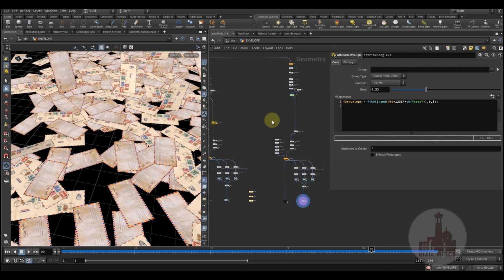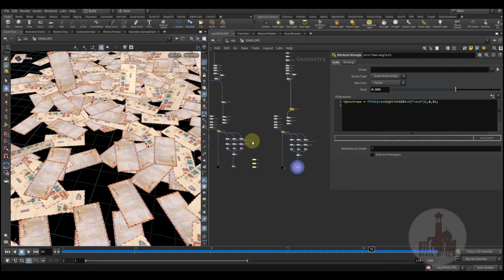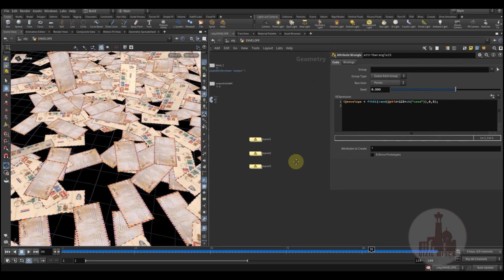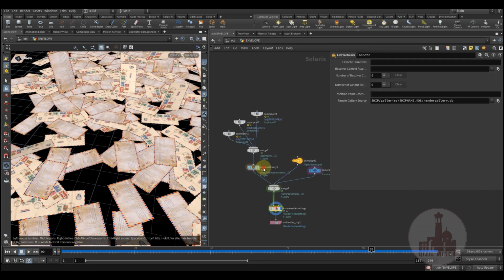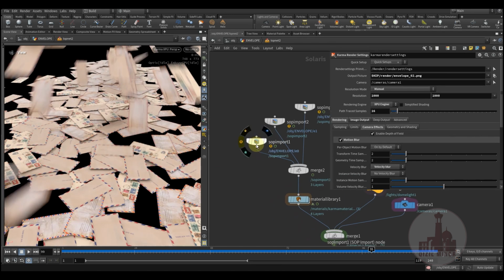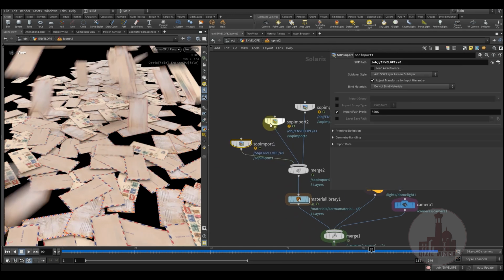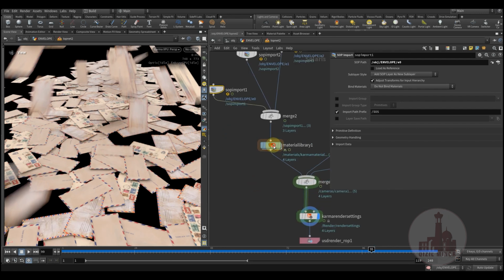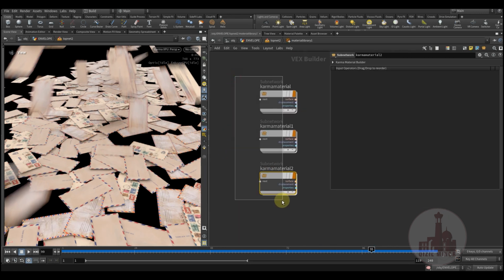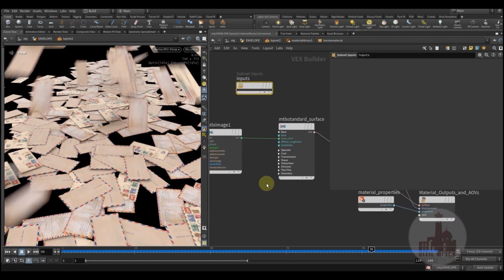So this way you can add some variation to your geometry, and the rest is the same. I'm importing those envelopes separately and adding those textures separately.